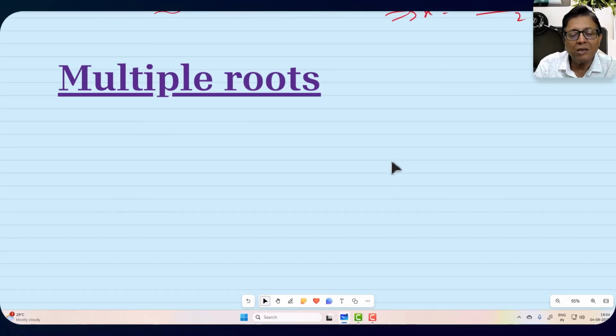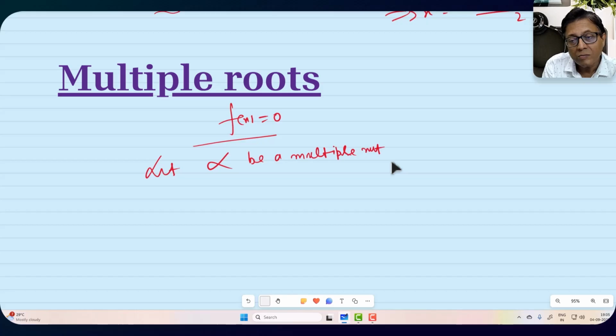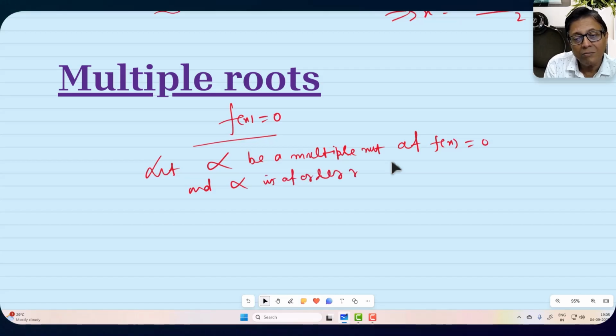Now let us start with the concept of multiple root. Let the algebraic equation be f(x) equal to 0. Let alpha be a multiple root of f(x) equal to 0, and alpha is of order r.